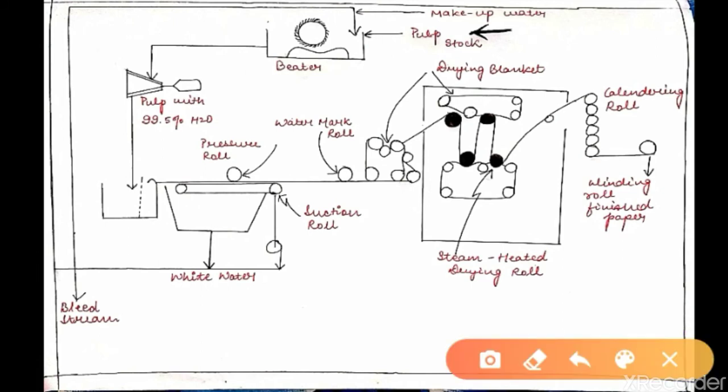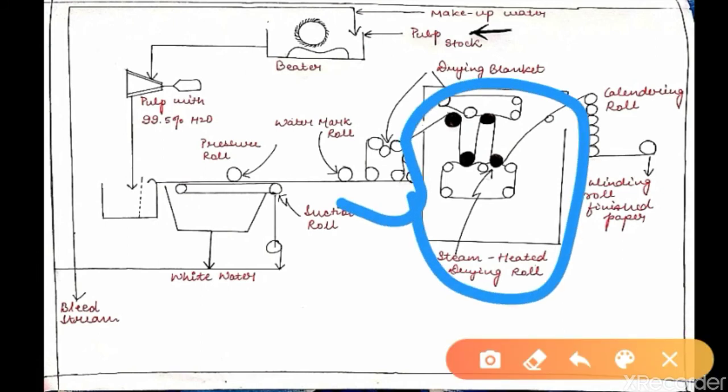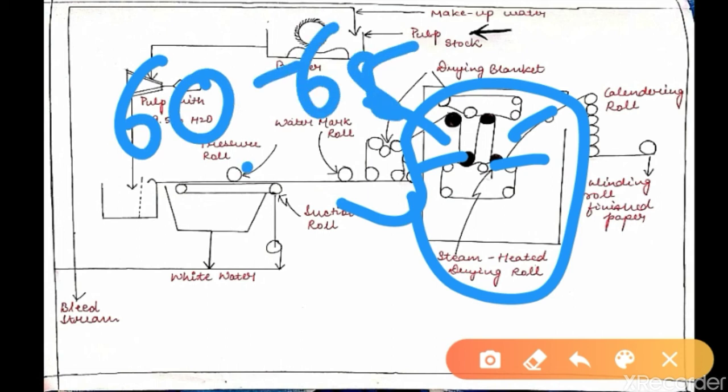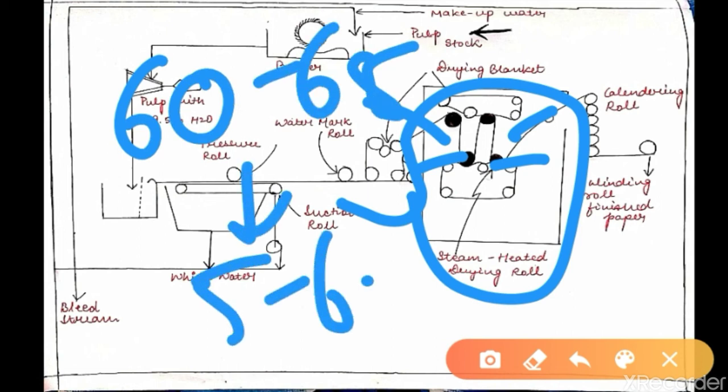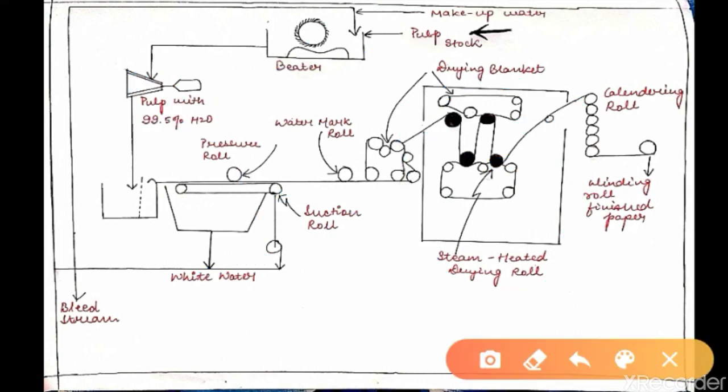Okay, then it is taken again to drying, and here in the drying machine, additional water is removed by smoothing rolls and a series of superheated steam rolls, where the water content is reduced from 60 to 65% to 5 to 6%. So you can see the dry pulp is now ready.